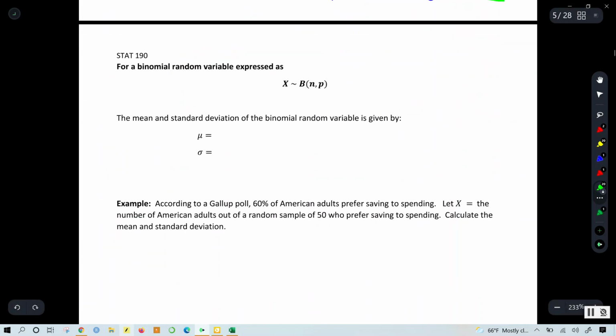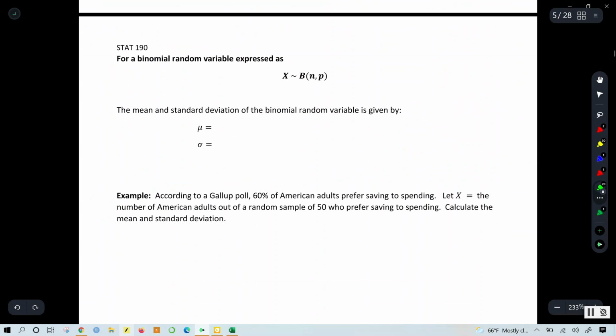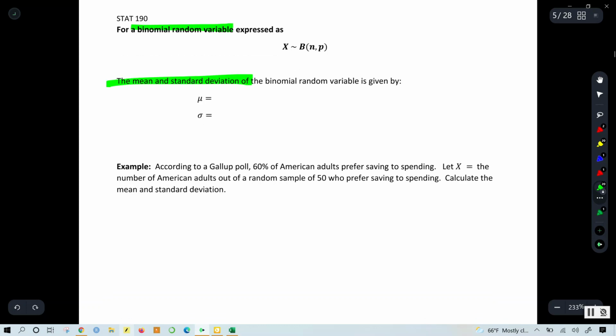We now proceed to the next example or concept, and that is to find the mean and standard deviation of a binomial random variable.